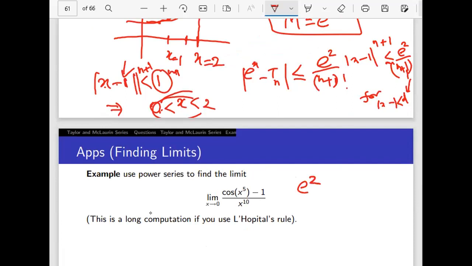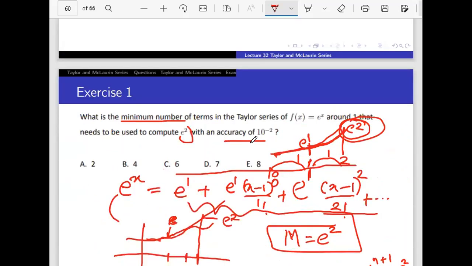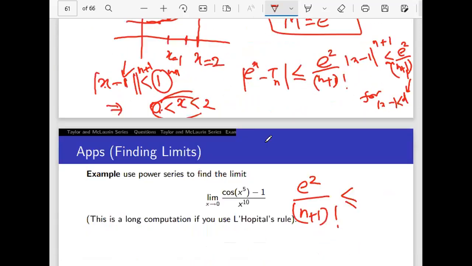e to the 2 divided by n plus 1 factorial should be less than or equal to, what is the accuracy? We need this accuracy, 10 to the minus 2.